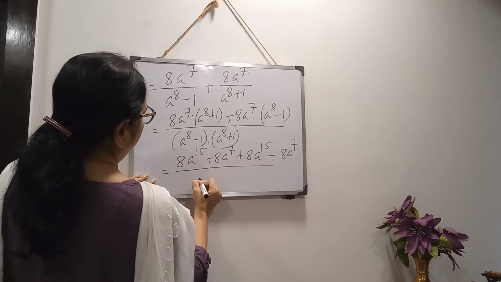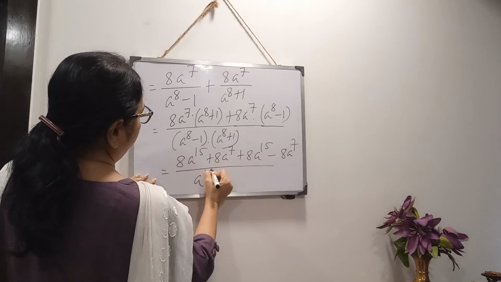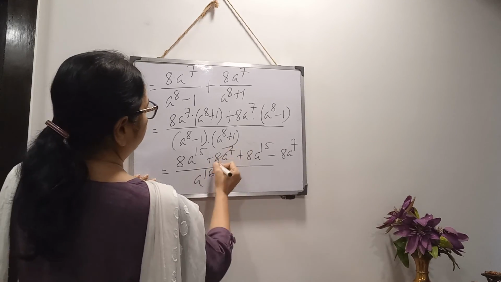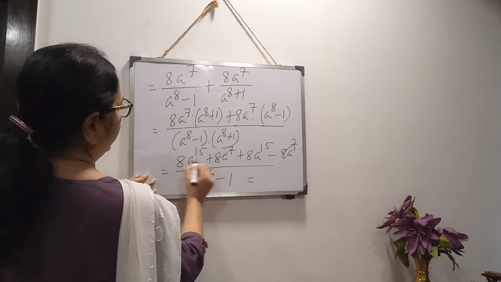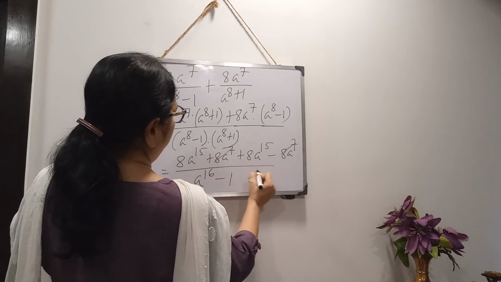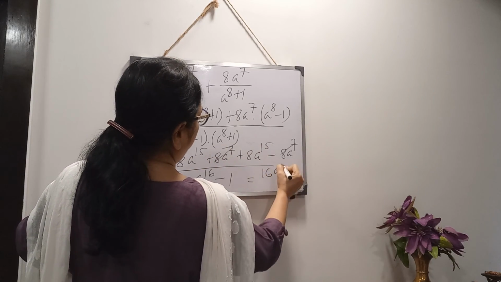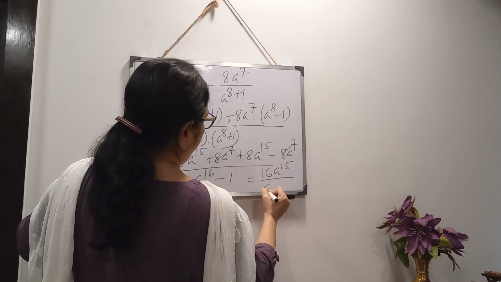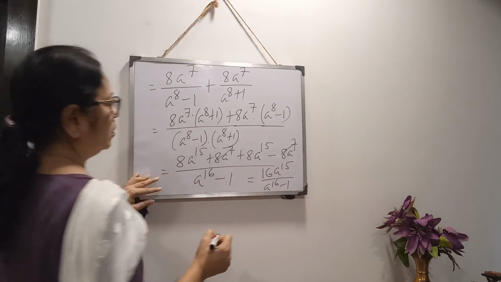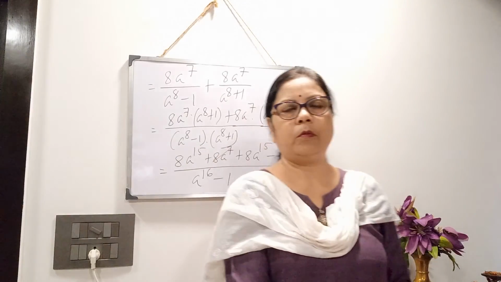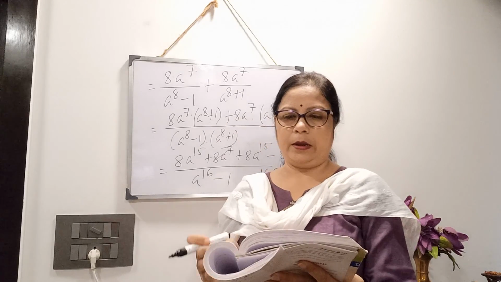And denominator a square minus b square, 8 whole square means a to the power 16 minus 1. Now 8 plus 8, like terms, so you will add: 16a to the power 15 by a to the power 16 minus 1. This is your answer. Okay. Now next sum you will get in next video.